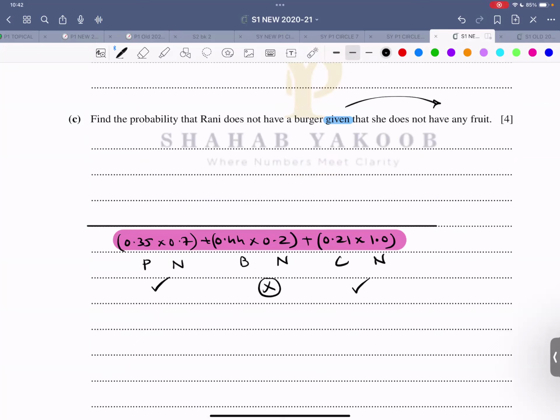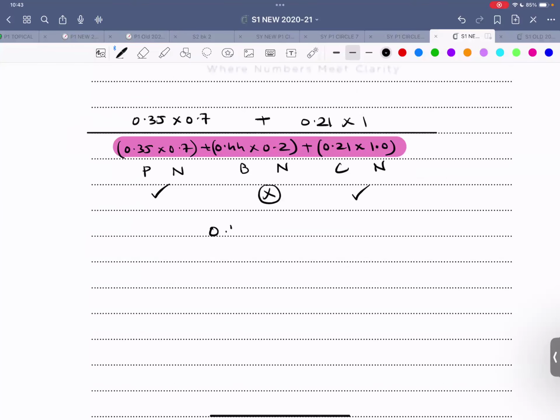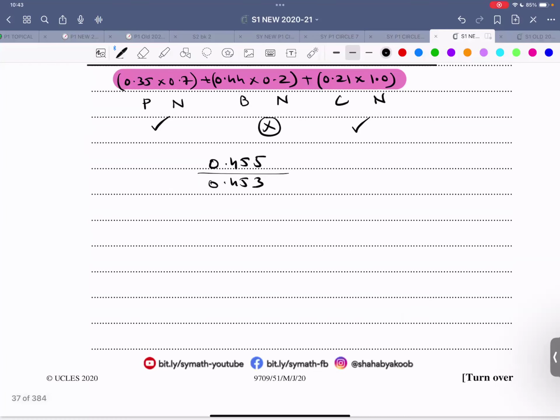So therefore, we will write 0.35 into 0.7 that goes up. And we have 0.21 into 1 that goes up. So therefore, this is 0.455 divided by 0.543. My bad. So this is 0.543.